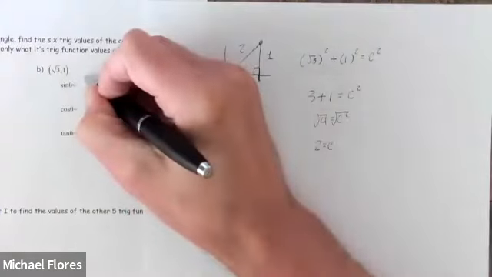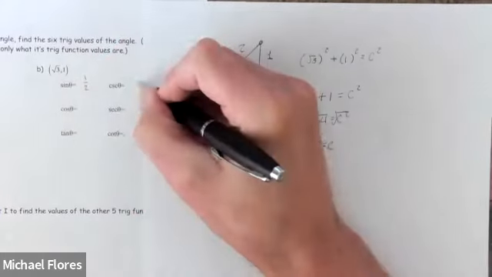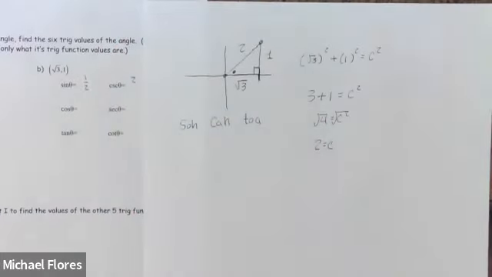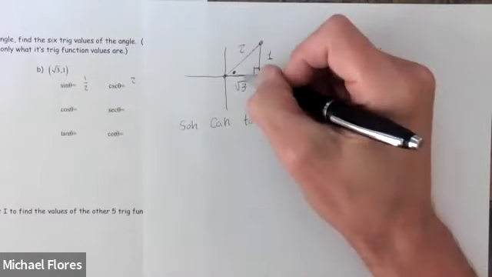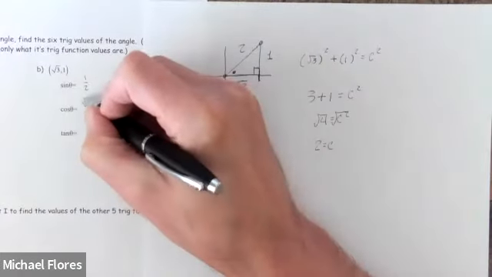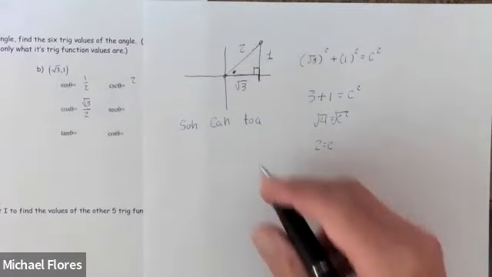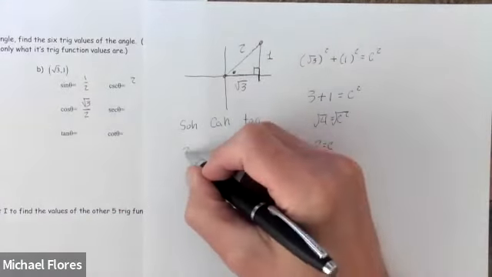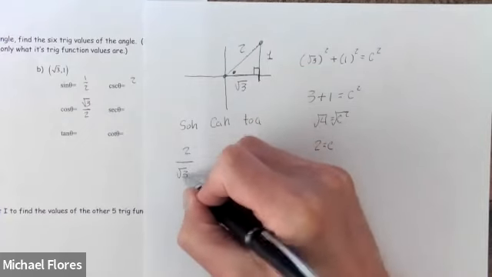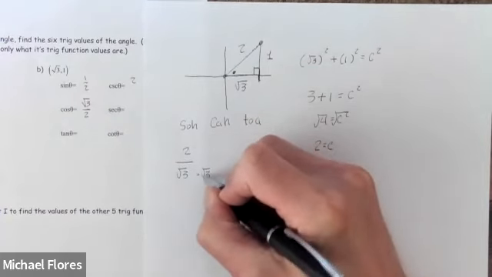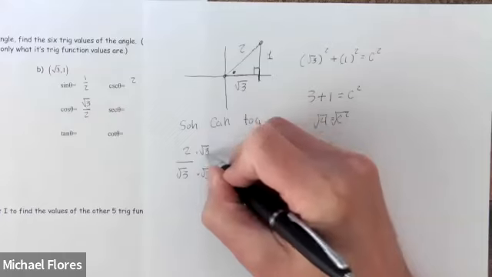Opposite over hypotenuse. Cosecant of theta would be 2. Cosine of theta, adjacent over hypotenuse. Careful with this one. Secant of theta would be 2 over root 3. But we cannot have a root in the denominator.